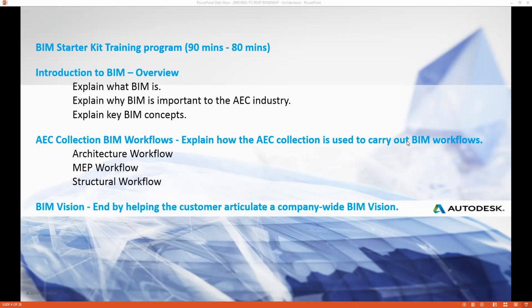So BIM assists as a tool for collaboration between different professionals. That's what I know about BIM.